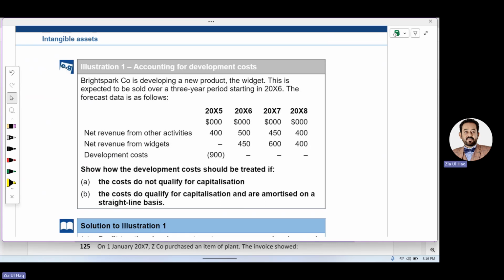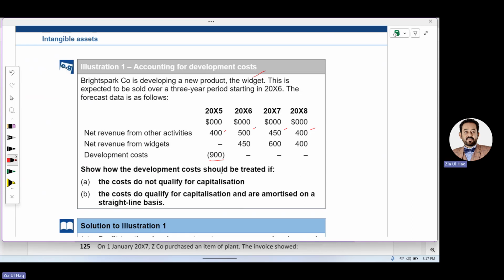Net revenue from other activities, meaning other than this product, will be 400, 500, 450, 400, meaning routine business sales. Net revenue from this widget product will be 450 in 20x6, 600 in 20x7, 400 in 20x8, and they have incurred development cost of 900 in 20x5.